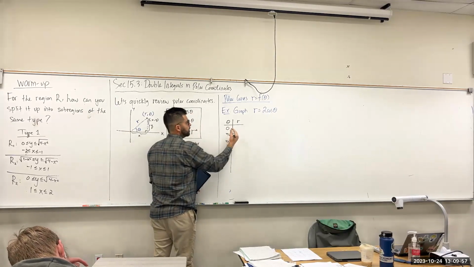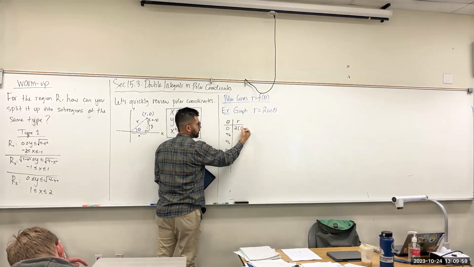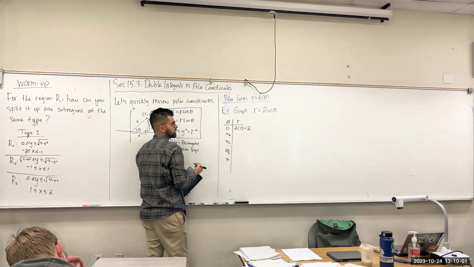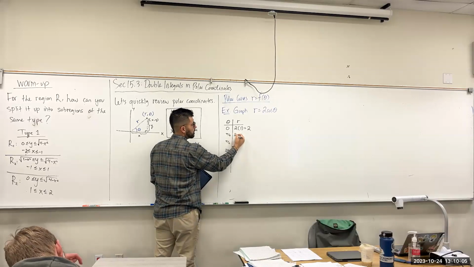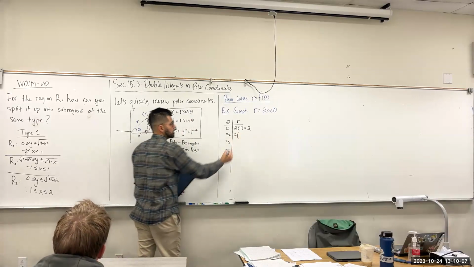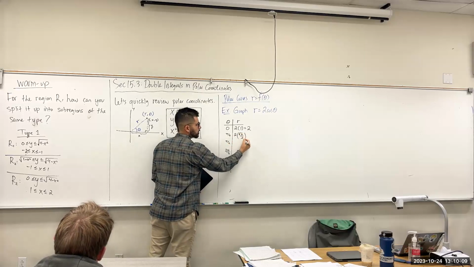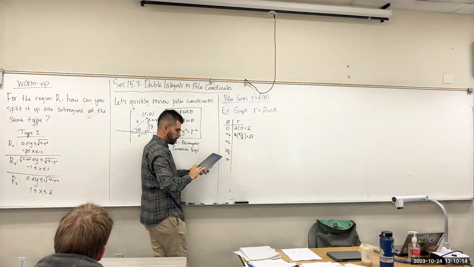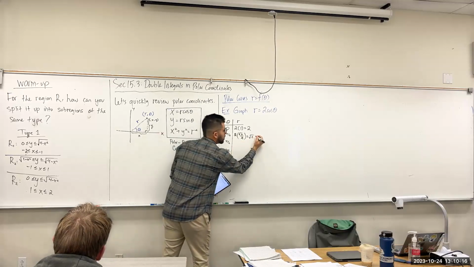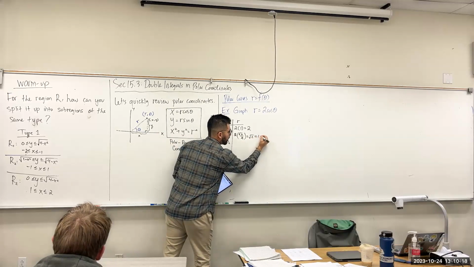What's cosine of 0? 1. So that's just 2. And then what's cosine of pi over 4? Root 2 over 2. So the 2's cancel, and it just becomes root 2, which is about 1.4 units.